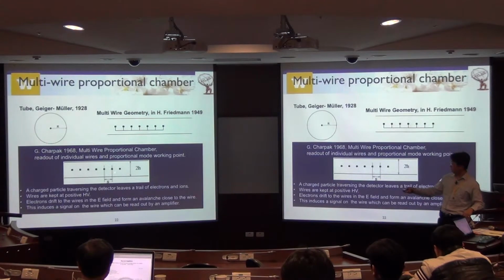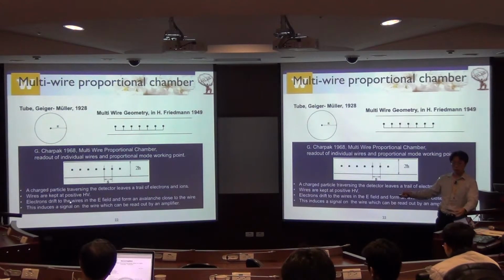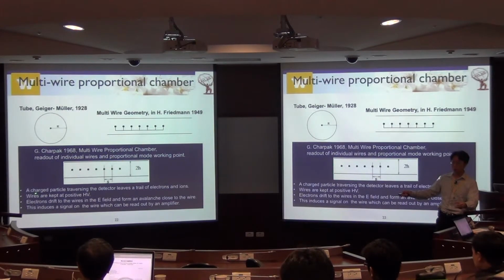If a particle goes through this chamber, along its trajectory you create a trail of ionized molecules. If you apply an electric field on those sense wires, the electrons and the ionized molecules will drift to the anode and cathode separately. Then you can see which wire gets fired, and you know where the particle went through.